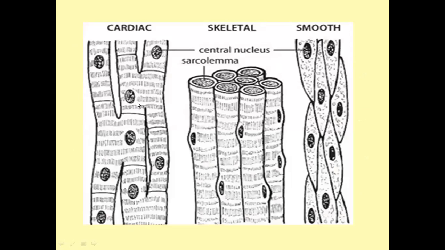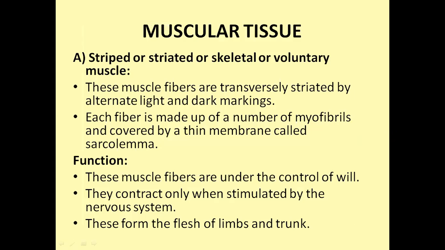You can see this cardiac muscle where it is branched, and you have multinucleated cells in cardiac muscle. This one is skeletal muscle, which is single, and this is a smooth muscle where you have spindle-shaped cells.